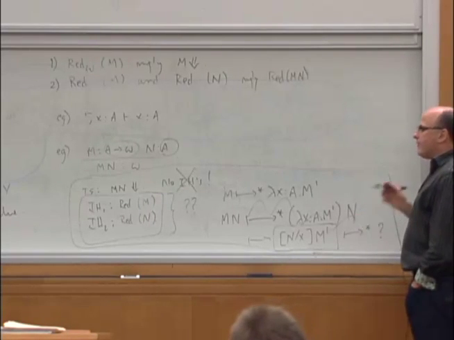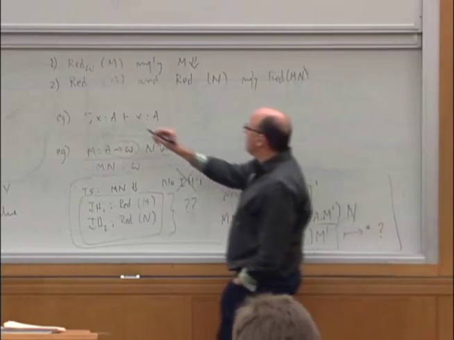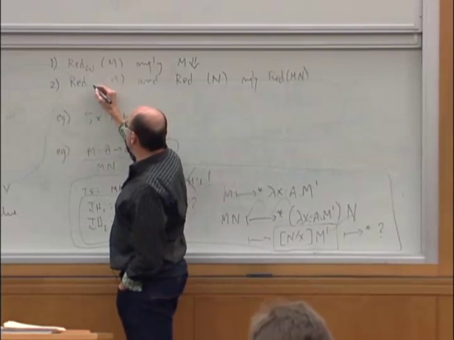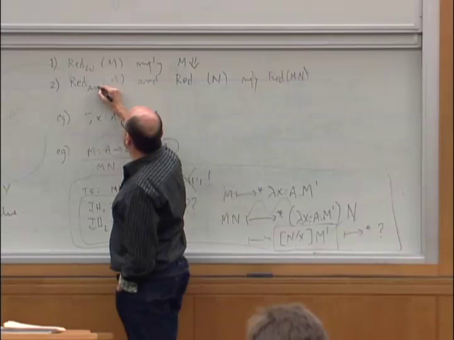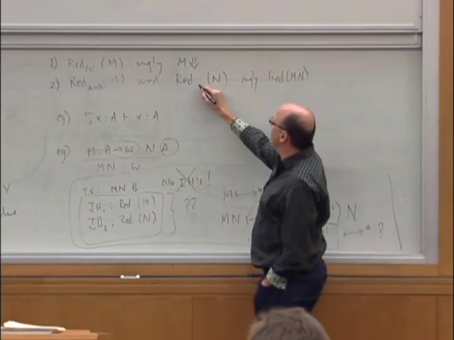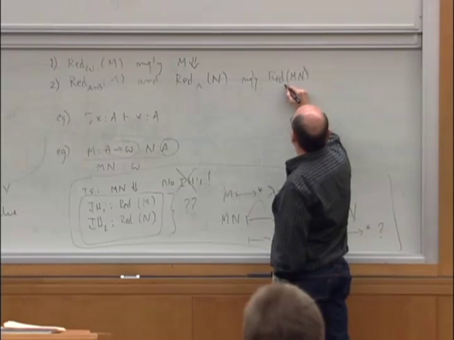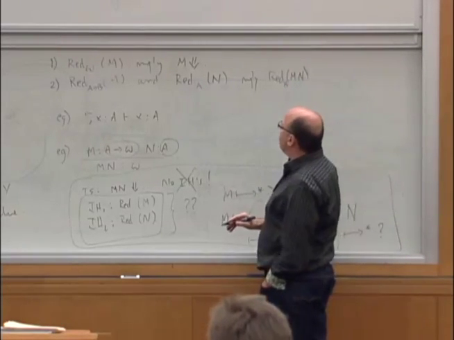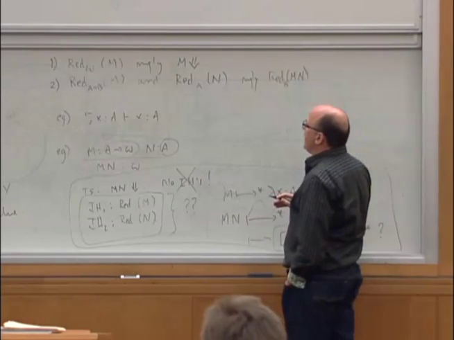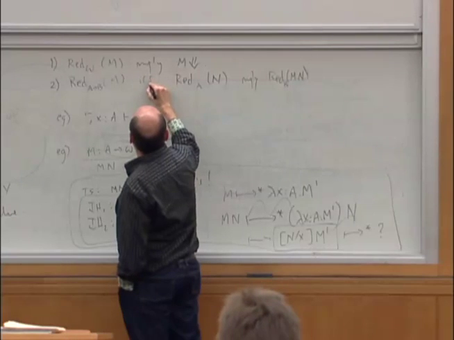But it is, and the reason is I'm going to take advantage of types. I'm going to stipulate that if M is reducible at type A arrow B, and N is reducible at A, then M N is reducible at B. In fact, I'm going to take this as my definition.